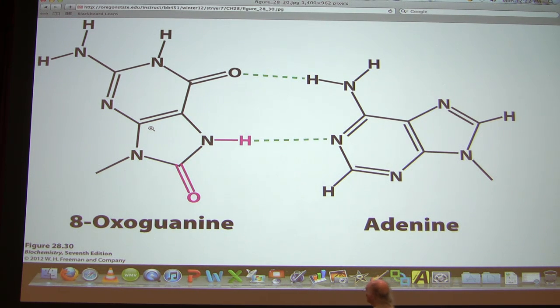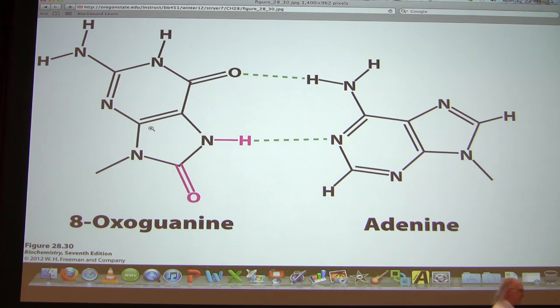What you see on the screen is a very interesting and sort of scary compound. It's called 8-oxoguanine. And 8-oxoguanine is just like guanine, except that it has an extra oxidation that has occurred, and that extra oxidation is here, and results in the formation of a stable base pair between guanine and adenine.